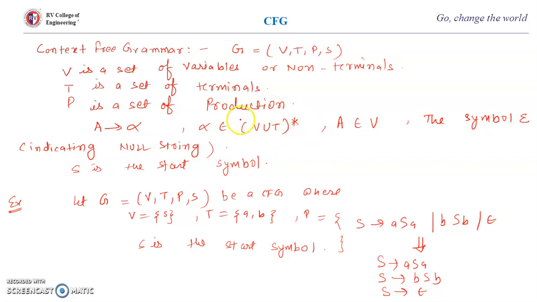So it can be a combination of terminals and non-terminals, and since we have put star here, it includes the null string. So the first thing is, the left hand side of the production should be a single non-terminal, and the right hand side can be a combination of terminals and non-terminals including the null string. These two points we have to keep in mind.